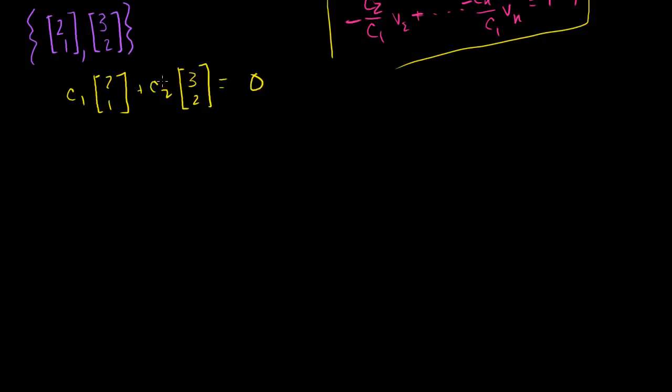So before I go forth with this problem, let's remember what we're going to find out. If either of these are non-zero, so if c1 or c2 is non-zero, then this implies that we are dealing with a linearly dependent set.